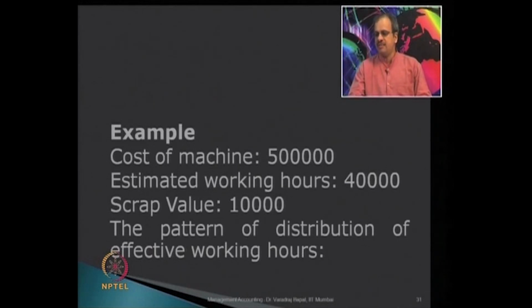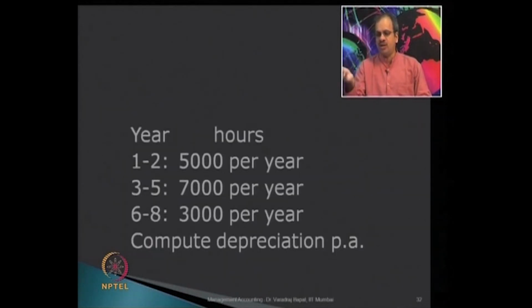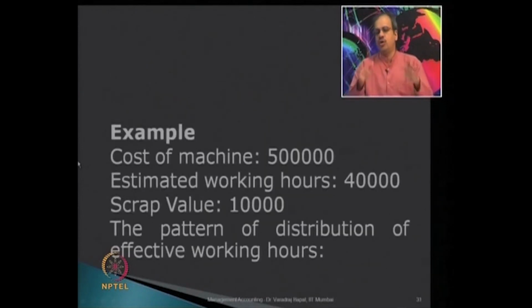Now, estimation has to be made as to the pattern of use. Suppose this is roughly the pattern. Here we have the information that the total cost of the asset is 5 lakhs. You also know the scrap value. Can you calculate the depreciation per hour? Think a bit.